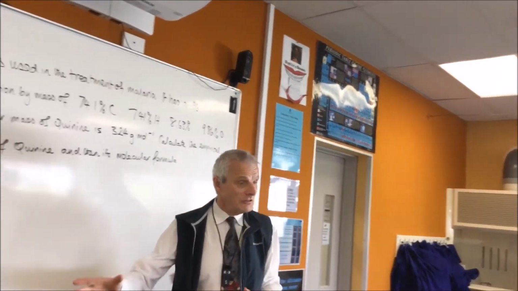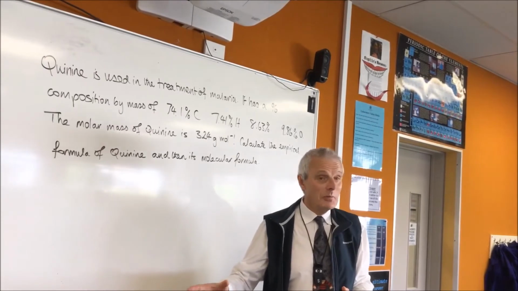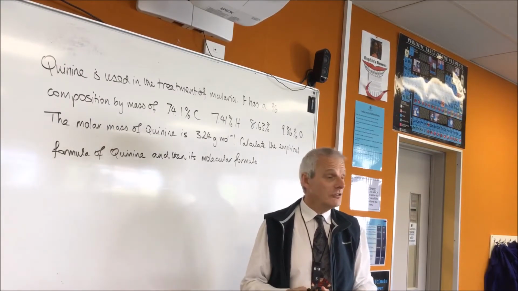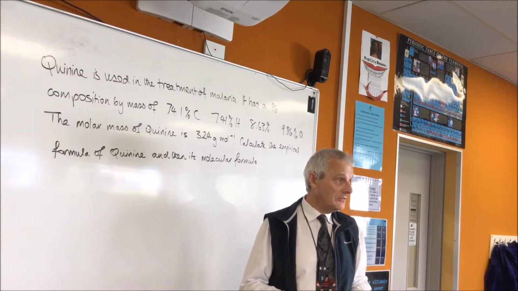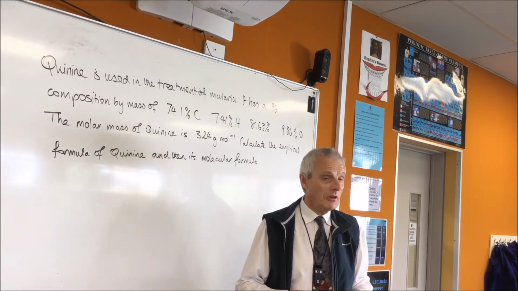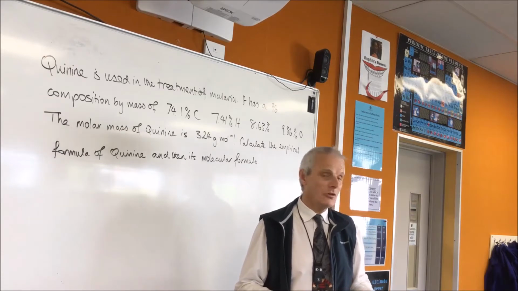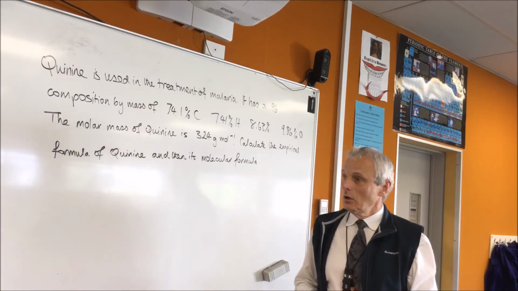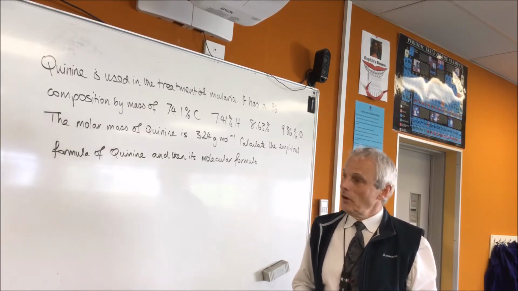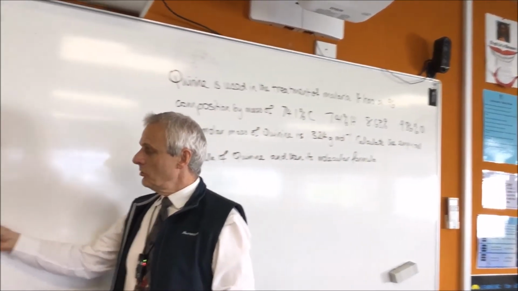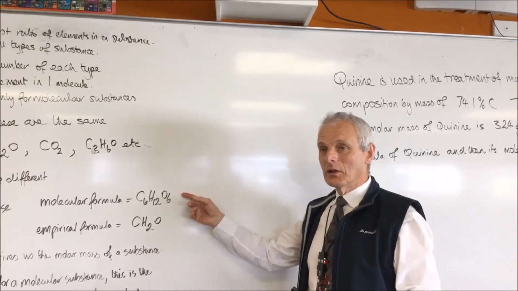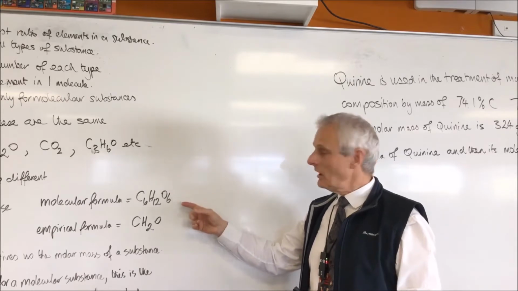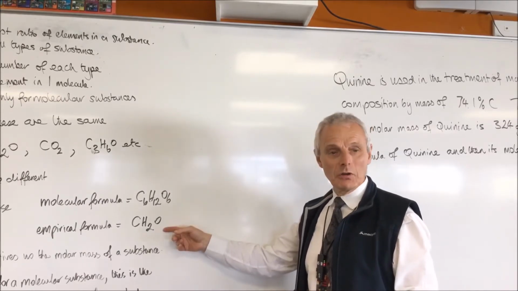So it's not related to the empirical formula, it's a mass related to the molecular formula because of the way the technique works. Just accept it, don't let that confuse you. Next year you'll see how mass spectrometry works and why it gives you the mass of the molecular formula. So, what's the relationship between the empirical formula and the molecular formula here? That is actually 6 times the empirical formula.